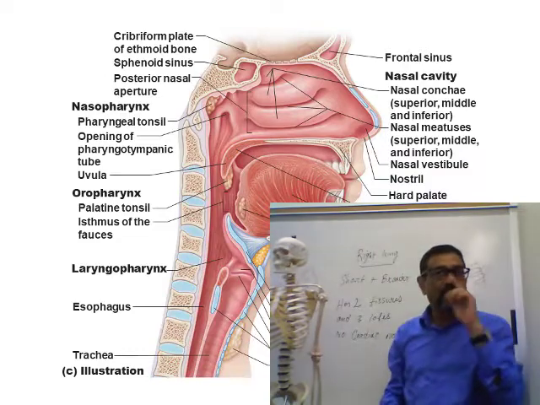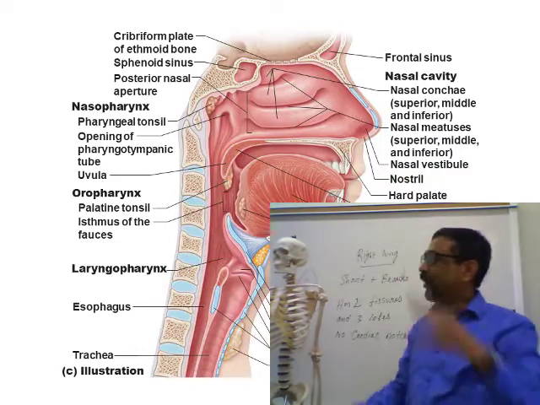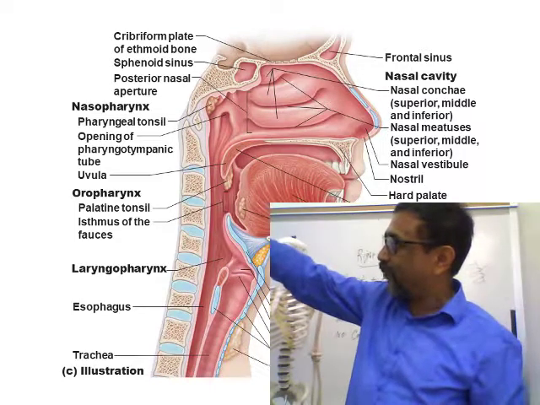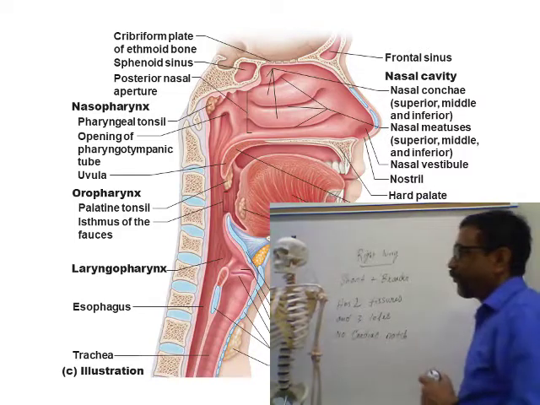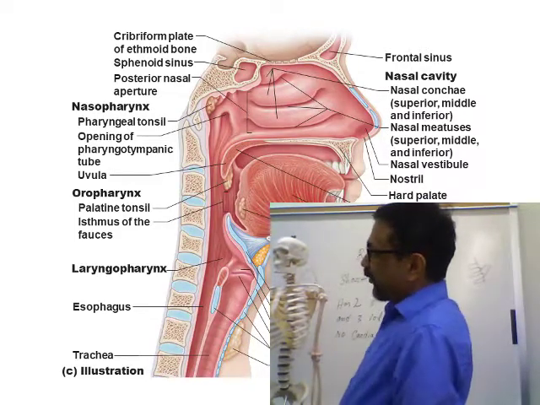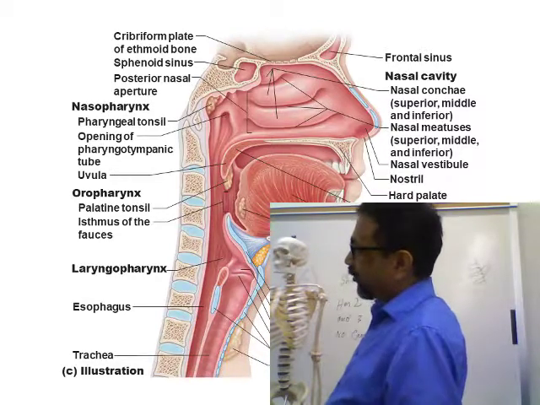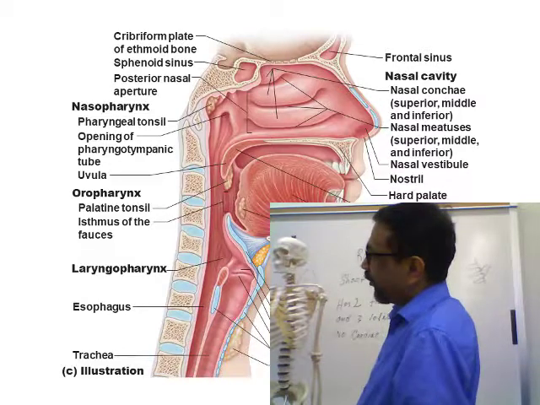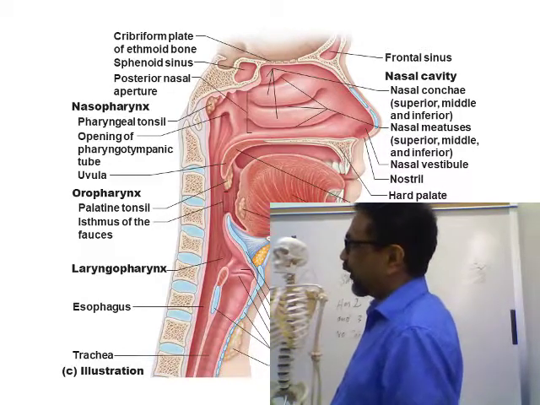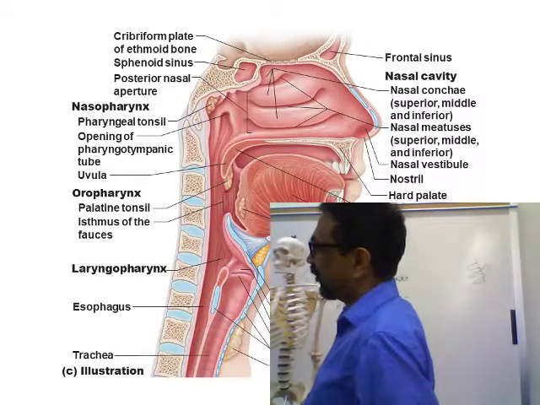So, from the nose, olfactory nerve fibers that take the smell signal to the brain pass through the cribriform plate of ethmoid. You see the top left, cribriform plate of ethmoid. So, in the roof of the nasal cavity, we have the cribriform plate of ethmoid, in which there are many tiny holes. From the nose, olfactory nerve fibers take the smell signal to the brain through those holes.